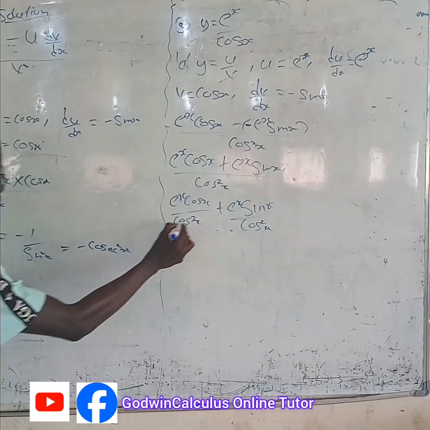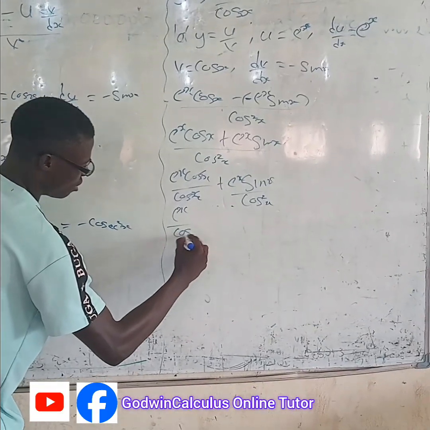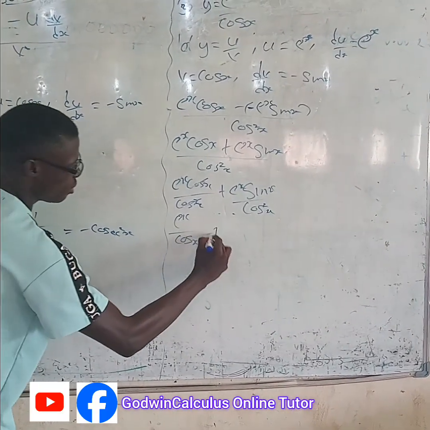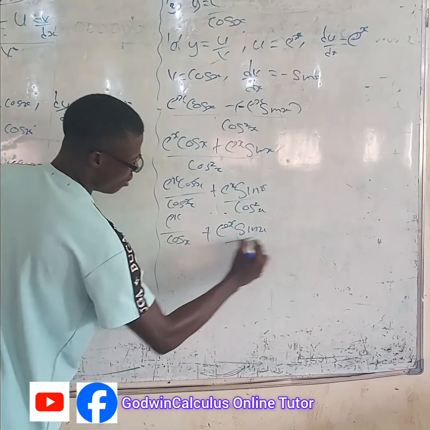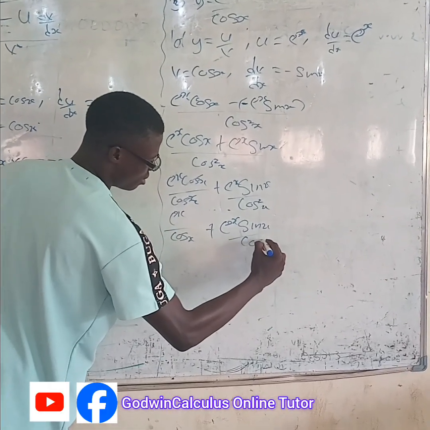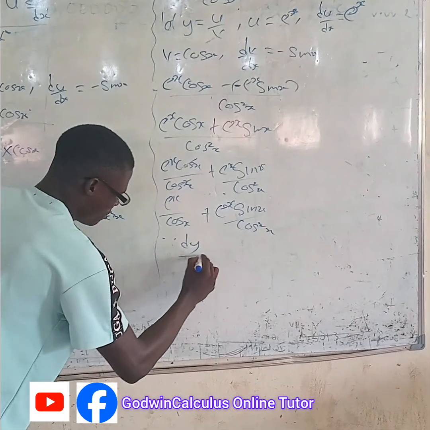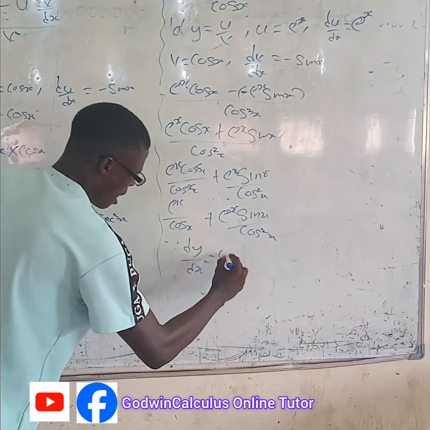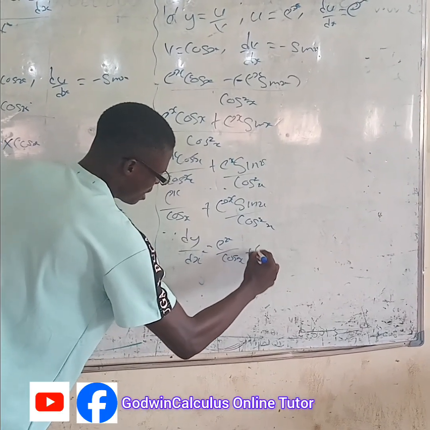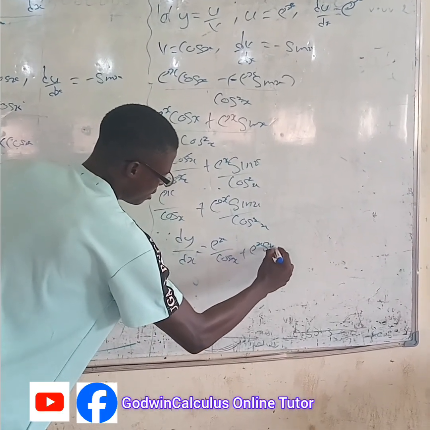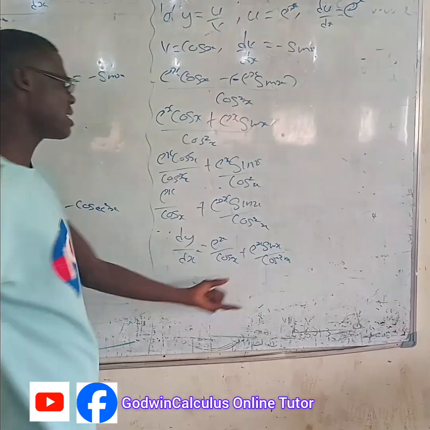Now, this one will cancel this, and it will remain e^x all over cos x plus e^x sin x all over cos squared x. Therefore, dy/dx is e^x all over cos x plus e^x sin x all over cos squared x. Now, these are our final answers.